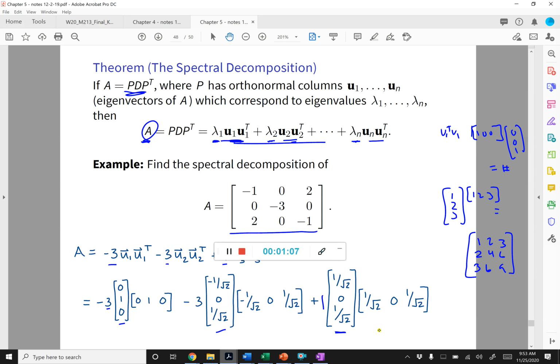It's an outer product that'll give us a rank 1 matrix. So we get these n special matrices that we can add up to get A. So it's a different way of writing out the matrix.